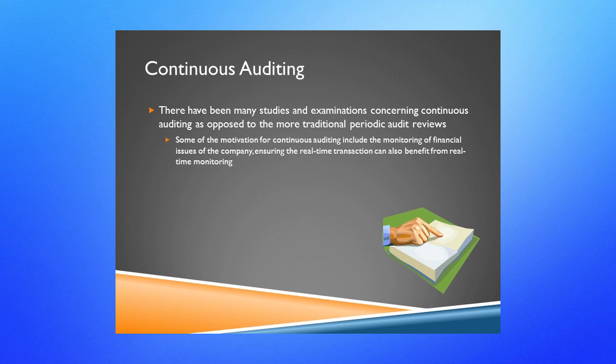Now, there's a lot of motivation for continuous auditing, including monitoring, let's say, of financial issues of the company, ensuring the real-time transactions are safe, and they can also benefit from the real-time monitoring as well, especially when we're talking about looking for signs of anomalies or of failures or something else that could negatively affect the impact of that process. Now, there is a distinction between continuous auditing and continuous monitoring.